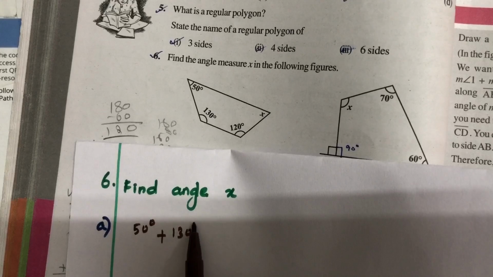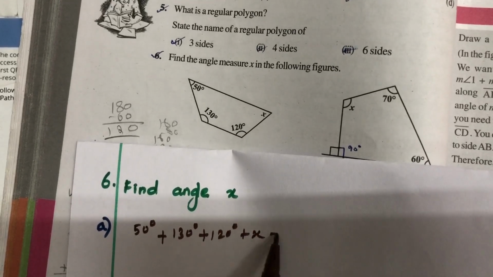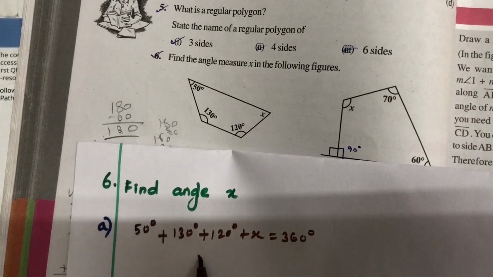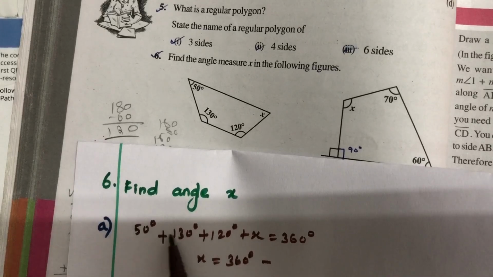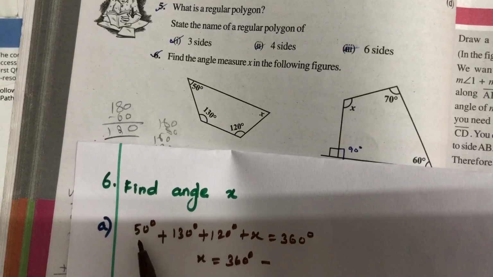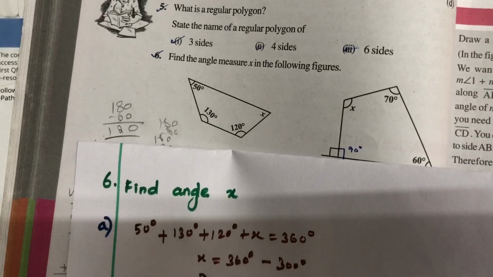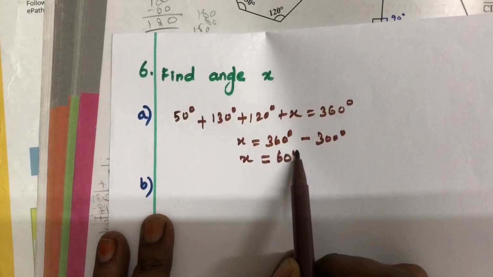So just add all the angles and equate it with 360 degree. So this will give you x equal to 360 degree minus, see, 250 plus 50, 300. So minus 300 degree, x equal to 60 degree is the answer.